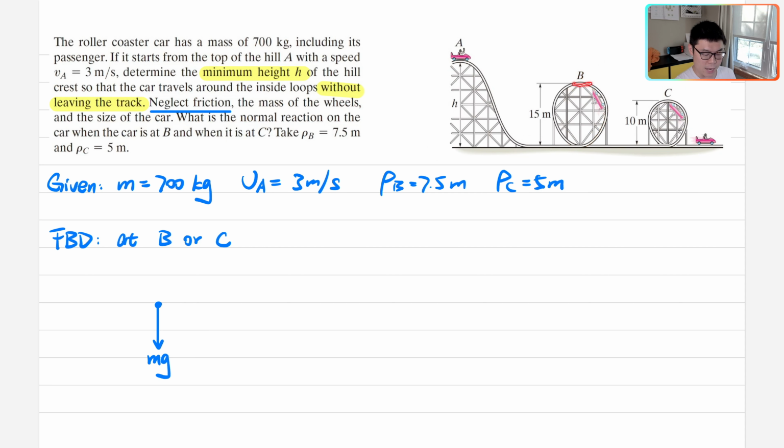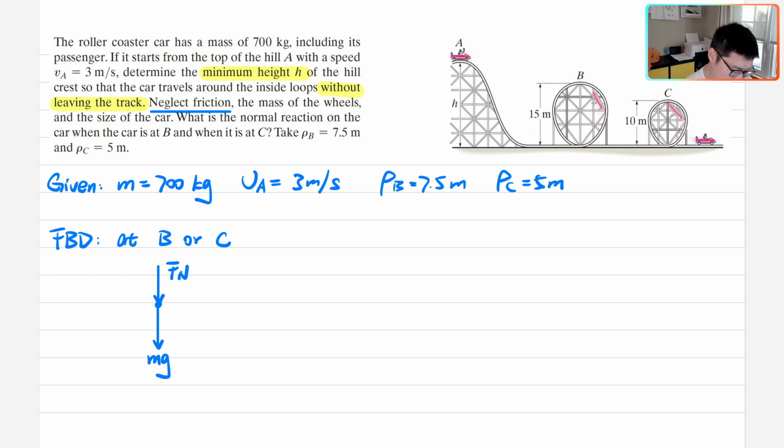Otherwise, imagine without the surface here, the car would be going out of the track. So the track at point B, along this tangential line, is giving the roller coaster car a normal force. So we have Fn coming from the track. We don't need to worry about friction, and there's no other external force. So we have mg and we have N. That's it.